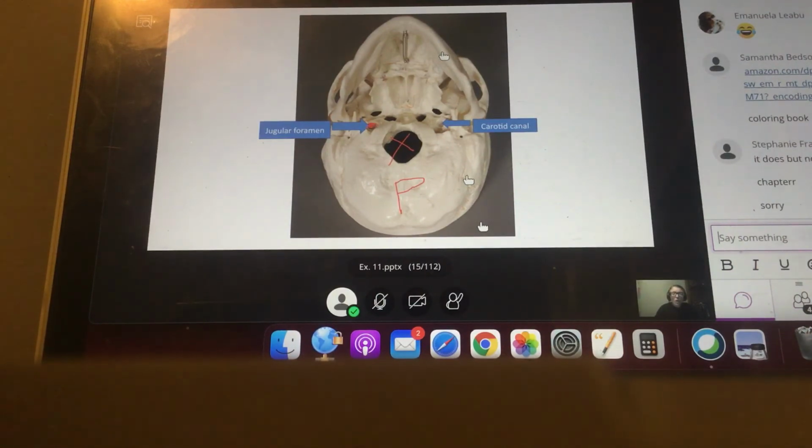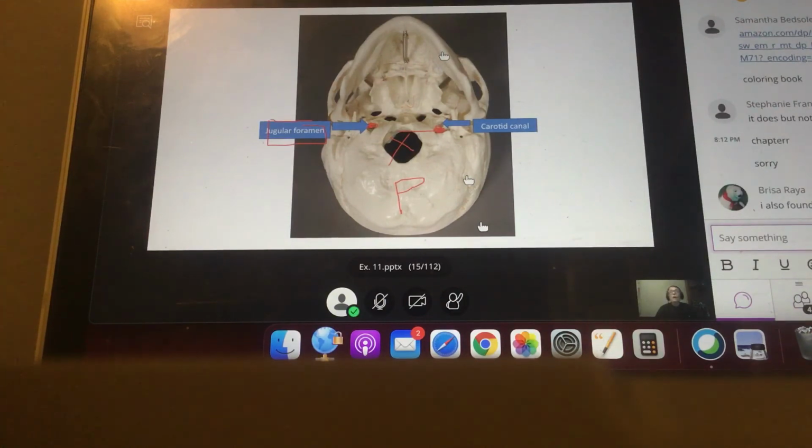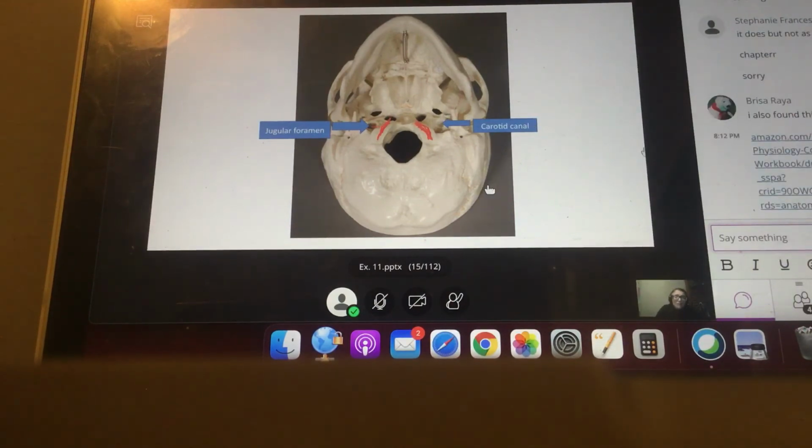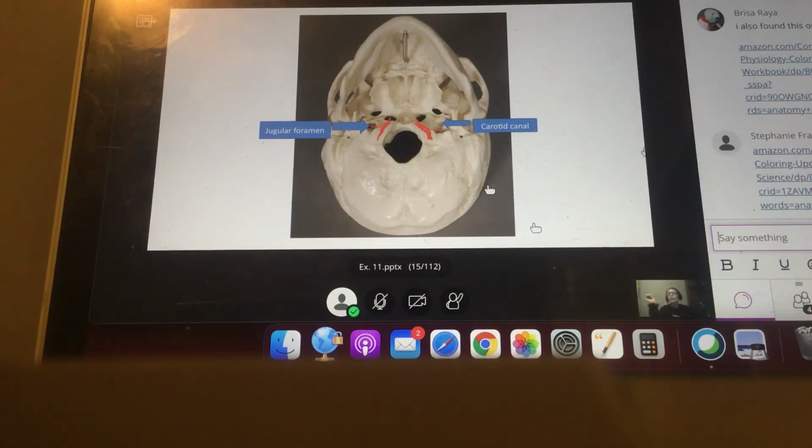Nice big opening here, on both sides. I don't have both sides, but there are obviously two. The jugular foramen, right? Now, how else do you notice this? Watch, guys. This is called the occipital condyle. We're going to see this in the occipital bone. So right beside the occipital condyle, guess what we have? Jugular foramen. Okay, guys?